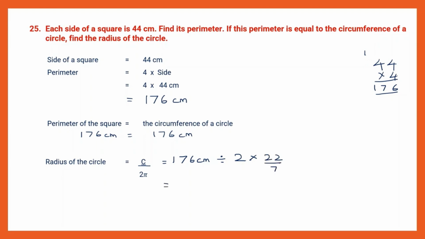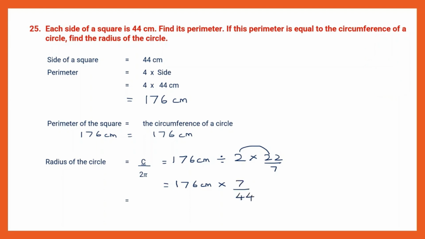So this is 176 centimeters. Division changes to multiplication. Now 2 into 22, that's 44. 44 by 7, I will write it as 7 by 44 because we have to write the reciprocal.